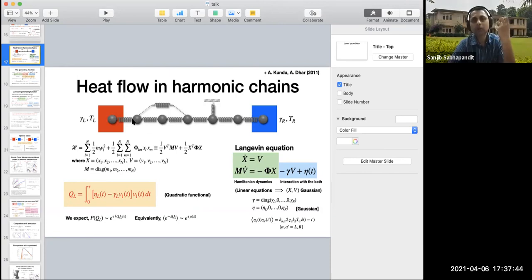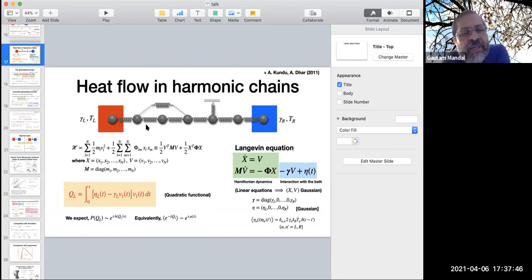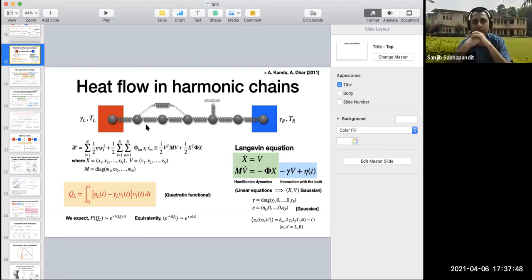But using the same formalism, you can also look at the heat flow from both baths to the system, or you can look at the heat flow divided by the temperature from both baths, and that will correspond to the entropy production.